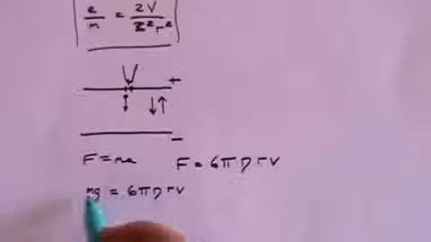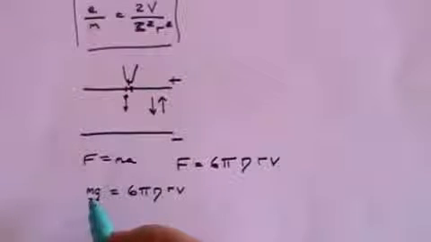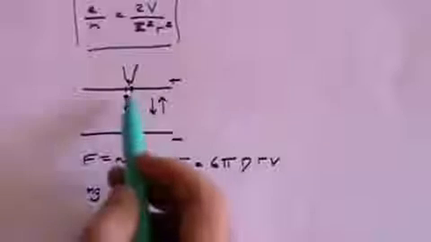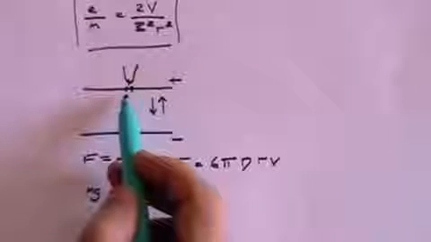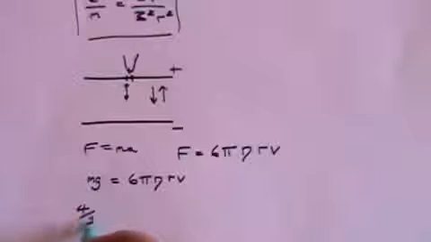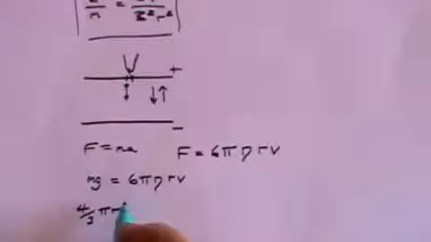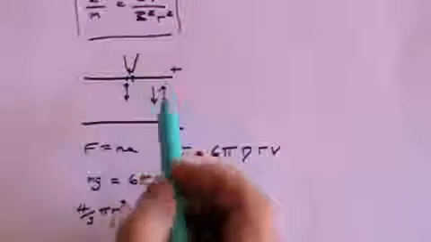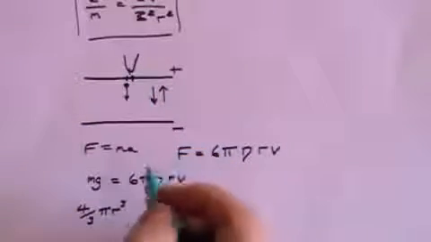So what is the mass of the particle? Well, we know that density is mass divided by volume, which means that mass is equal to volume times density. For all practical purposes, we can think of this as a sphere. What is the volume of a sphere? It's 4/3 pi r cubed, where r is the radius of the sphere that this particle consists of.